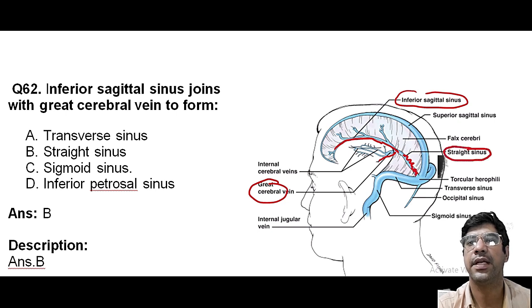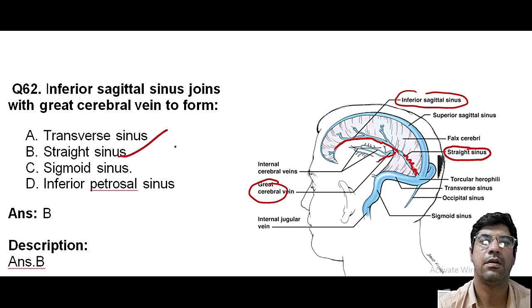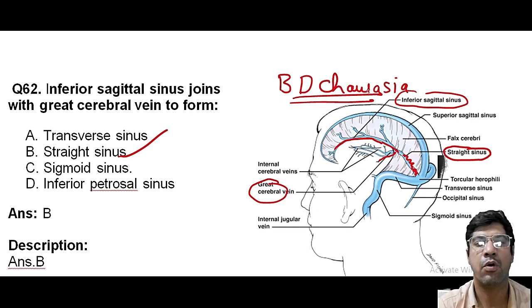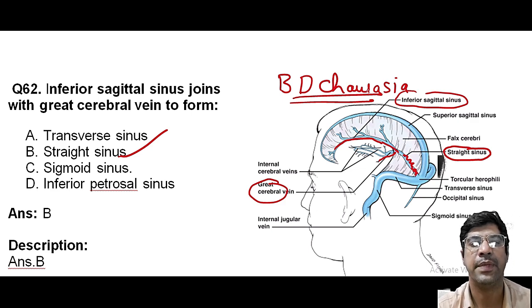This is the straight sinus. So an easy question directly asked from BD Chaurasia. Remember this diagram, very important from your exam point of view. Just go through all the diagrams mentioned in BD Chaurasia.